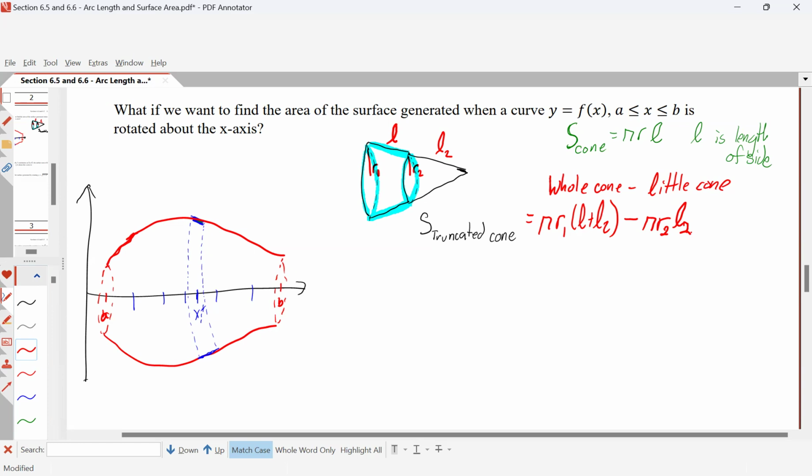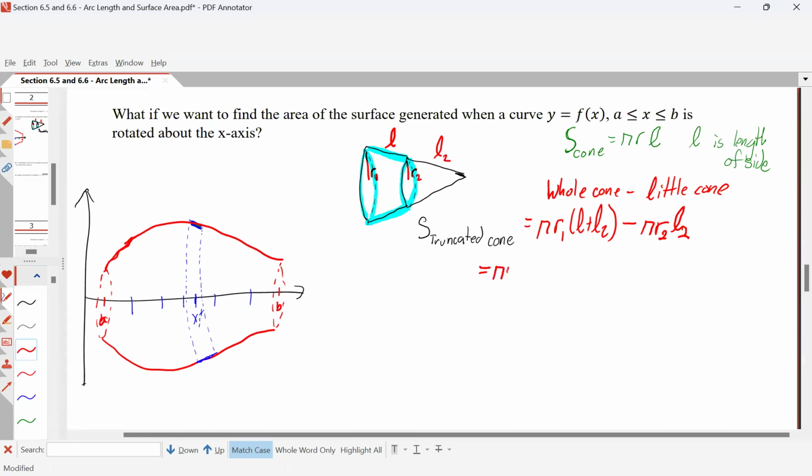Now, multiplying this out, we get pi R1 L plus pi R1 L2 minus pi R2 L2. And refactoring, we get pi R1 L plus pi L2 times R1 minus R2.